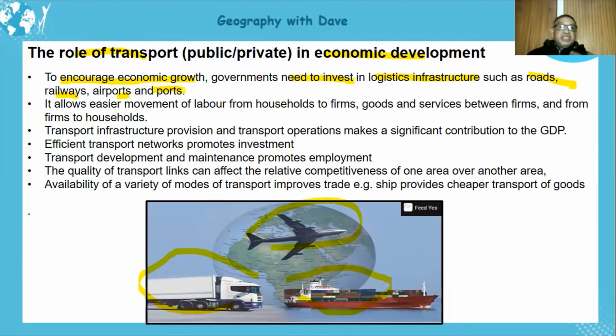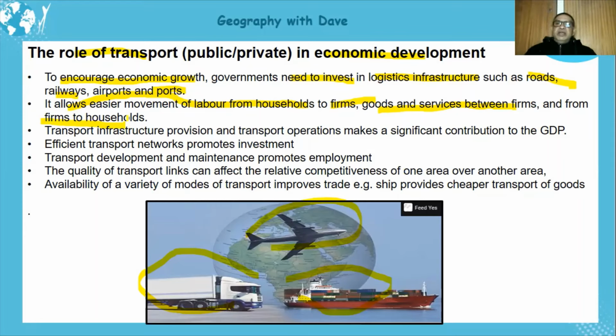It brings greater production. You understand? Because of the harbor being developed in that area. Spatial development initiatives that you would have dealt with. You understand? The West Coast SDI, there's spatial development, transport networks, etc., that create accessibility and promote an area and promote business. Okay. It allows for easier movement of labor from households to firms, goods and services between firms, and from firms to households. Transportation is important.